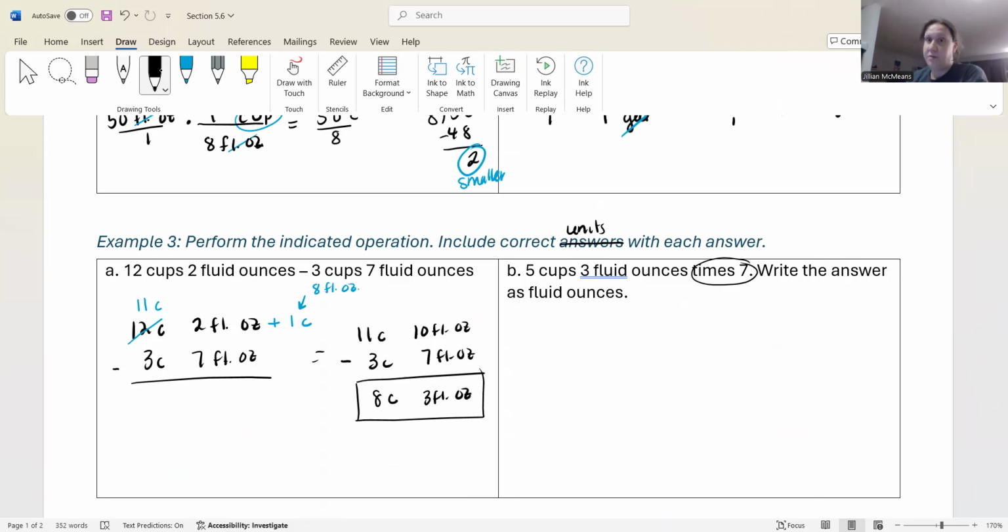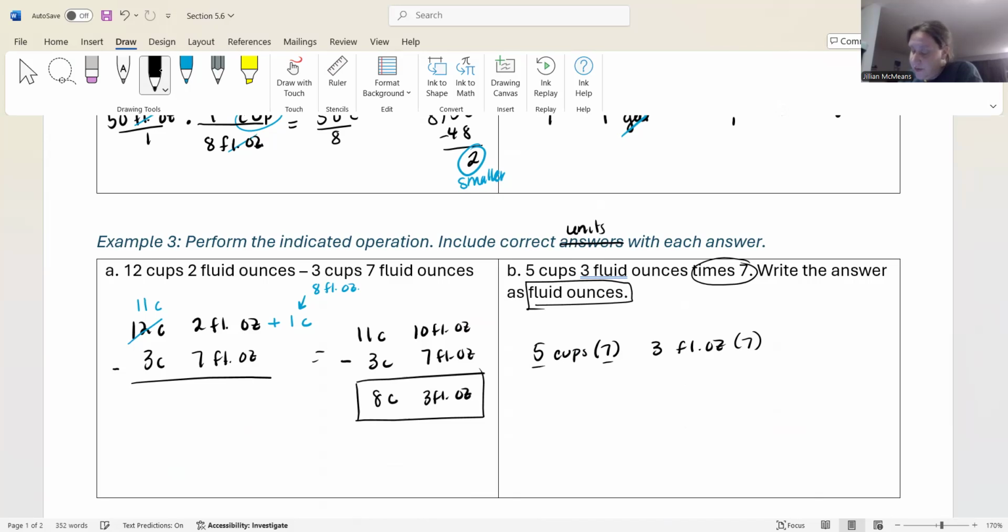So when I say 5 cups, 3 fluid ounces times 7, that quite literally means multiply. And we want to write the final answer as just fluid ounces. So think of this almost like distributing. I want to take my 5 cups and multiply that by 7, and then take my 3 fluid ounces and multiply that by 7.